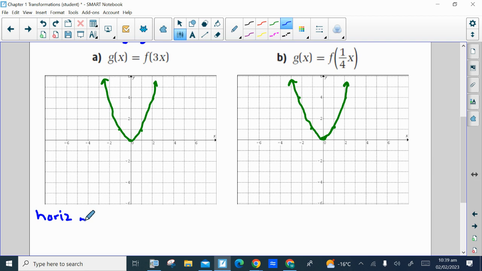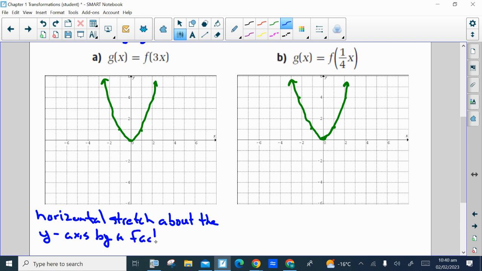So we'll have a horizontal stretch about the y-axis by a factor of 1/3, the reciprocal of b. So all the x values will be multiplied by 1/3.